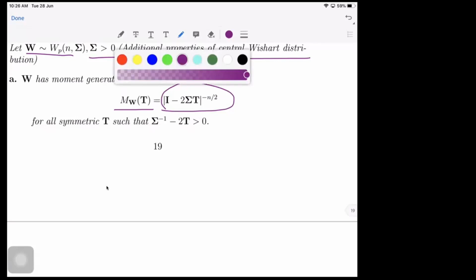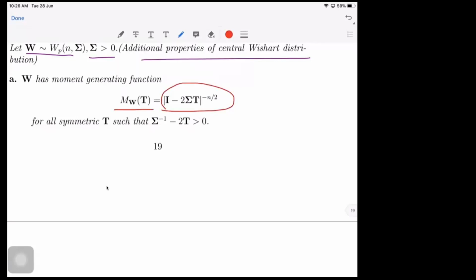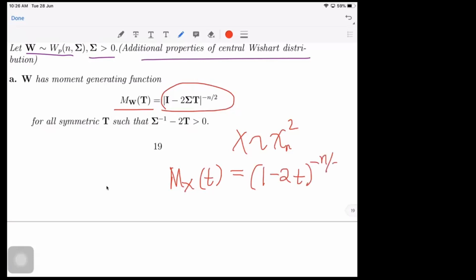You have the moment generating function of a chi-square, x is chi-square n, tanawa: 1 minus 2t raised to the negative n over 2. So with some conditions on your t, tanawa, no? So it's just more or less similar.